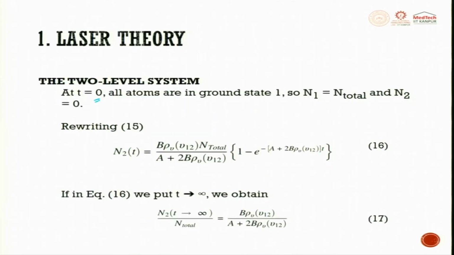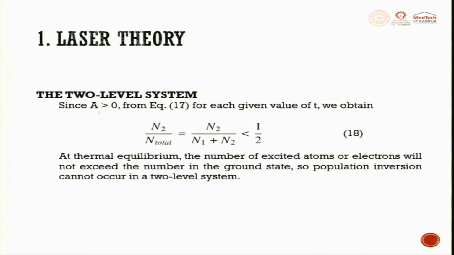At time t equal to 0, all the atoms are in the ground state 1, so N1 is equal to N total and N2 is equal to 0. Rewriting equation 15, N2 is this. Now if we rewrite this, this is the final equation we get for N2 and N1 for the 2 level system. Since A is greater than 0, for a given value of t we can write it as this.